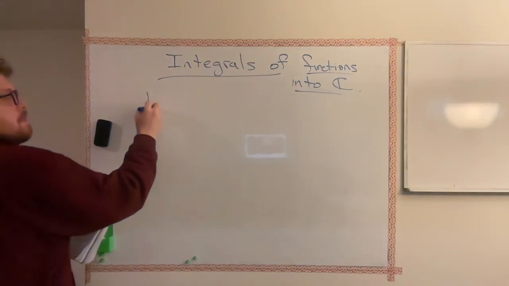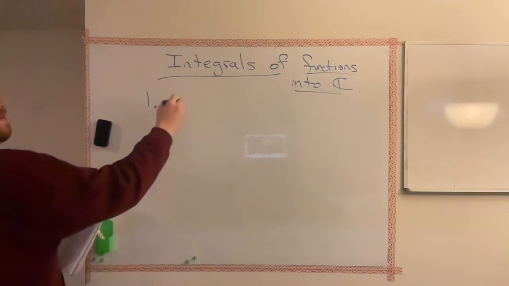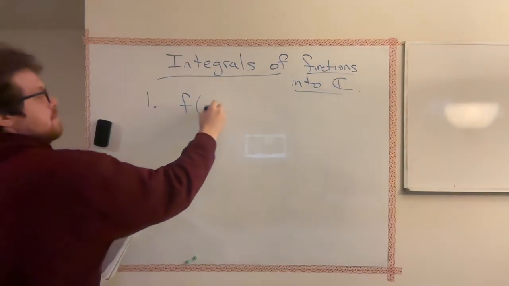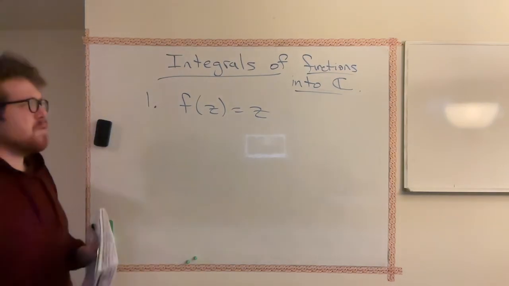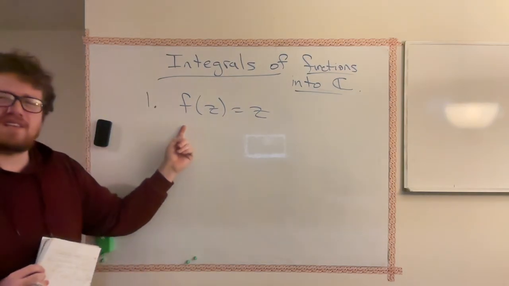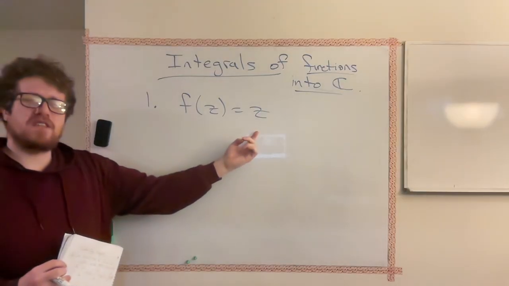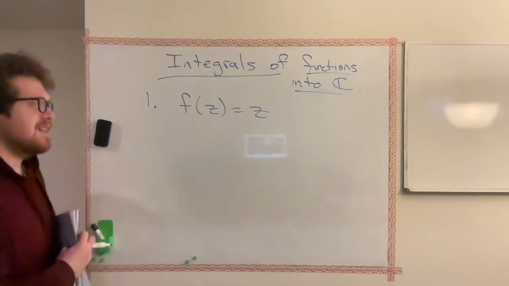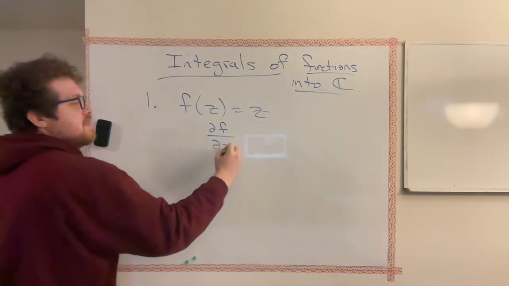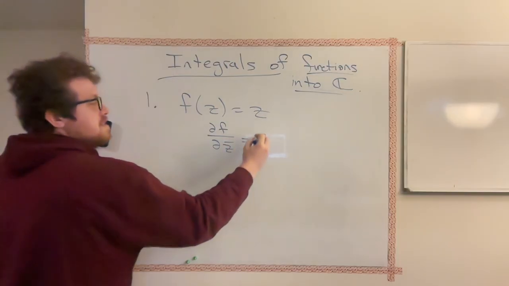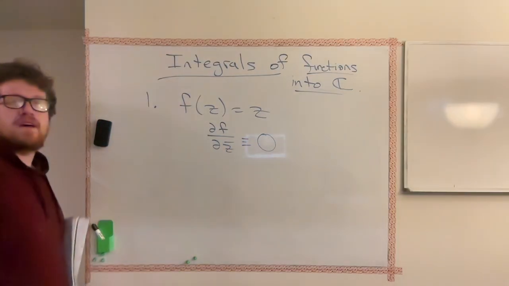So first example, we'll start off really, really easy. So f of z is equal to z. This is the function. I said we don't really use differential with respect to z bar very often, but sometimes it is useful to just check that, because the function doesn't depend on z bar, that this is actually zero identically everywhere.